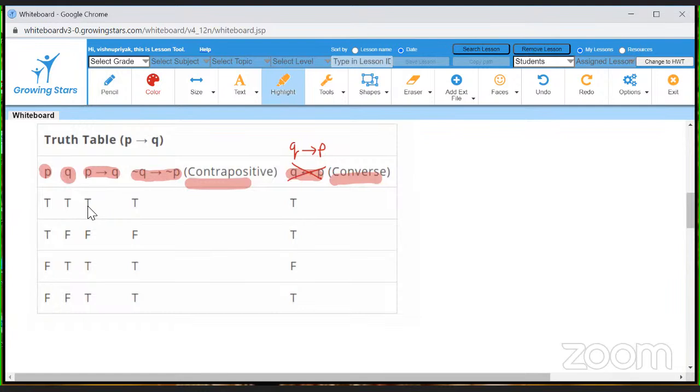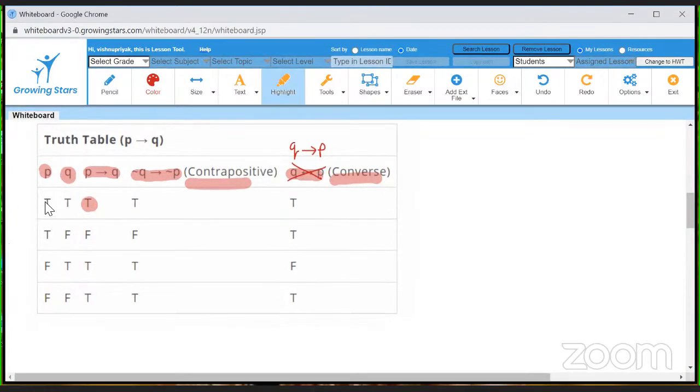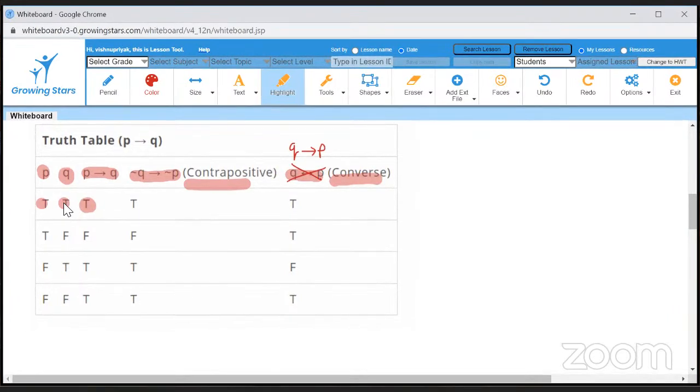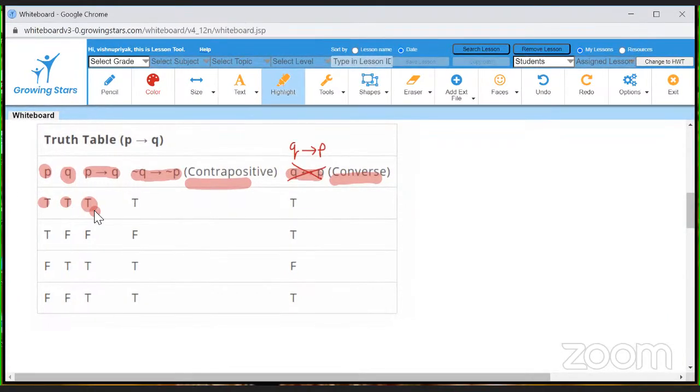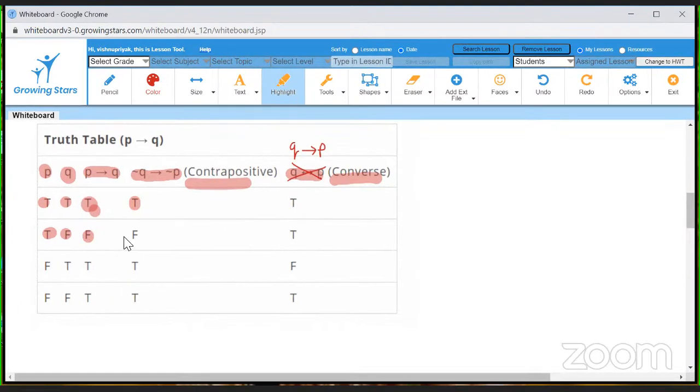When P, Q are true, P implies Q will be true, then not Q implies not P will be true. If P is true, Q is false, P implies Q will be false, not Q implies not P will be false.